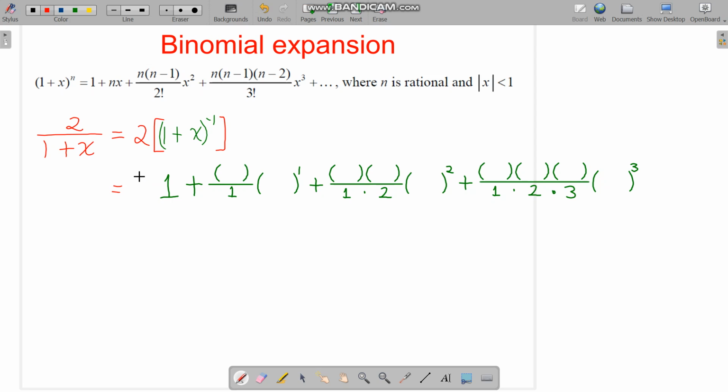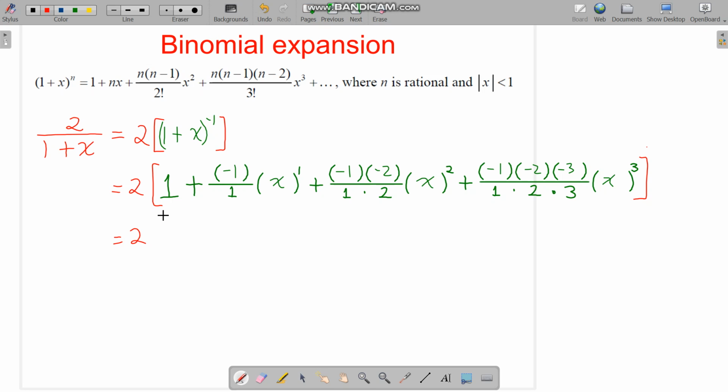So we can do the expansion only for the parts in green, only for the first 4 terms. For example, here the x should be just x. The n starts from minus 1, minus 1, minus 2, minus 1, minus 2, minus 3, and then we can simplify everything, and in the end we multiply everything by 2.